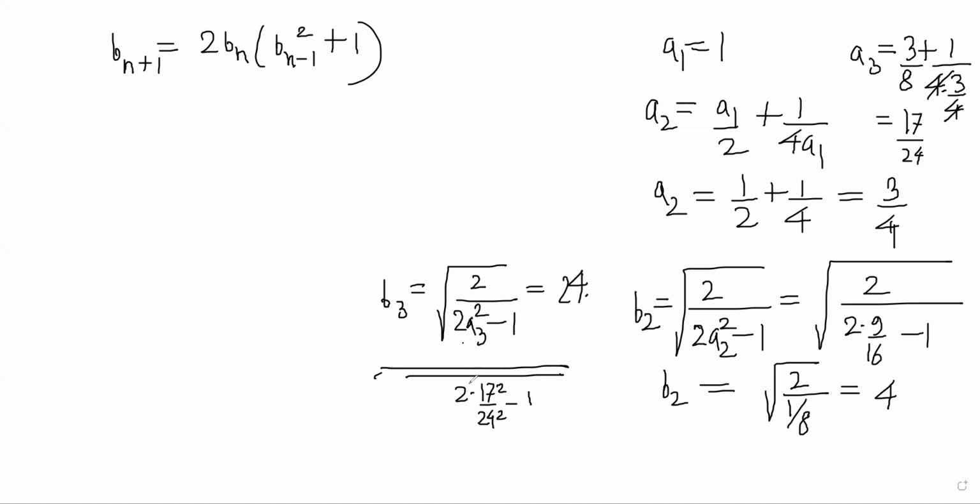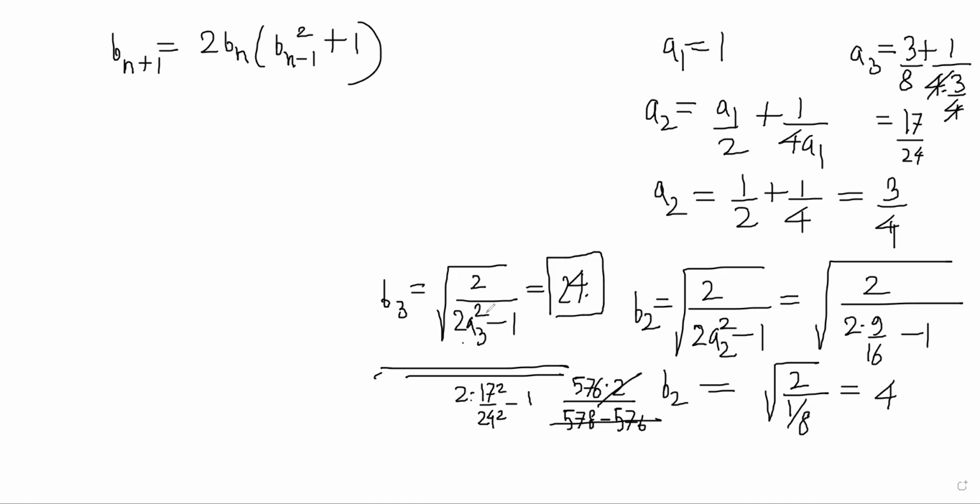Correct. So this becomes 289 into 2, 578 minus 576 by 576 into 2. This cancels and it is becoming 24.